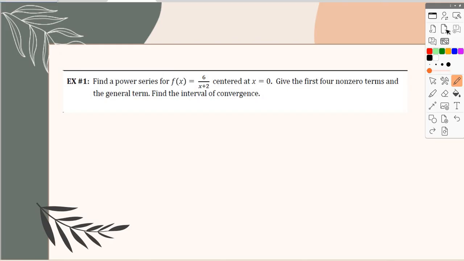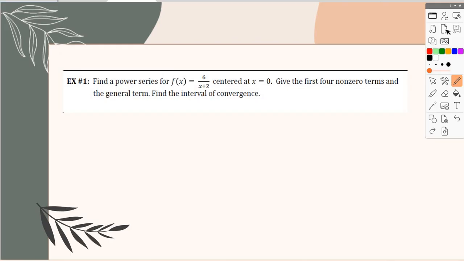One of our very first series that we talked about, in the last unit. Yeah, geometric series.